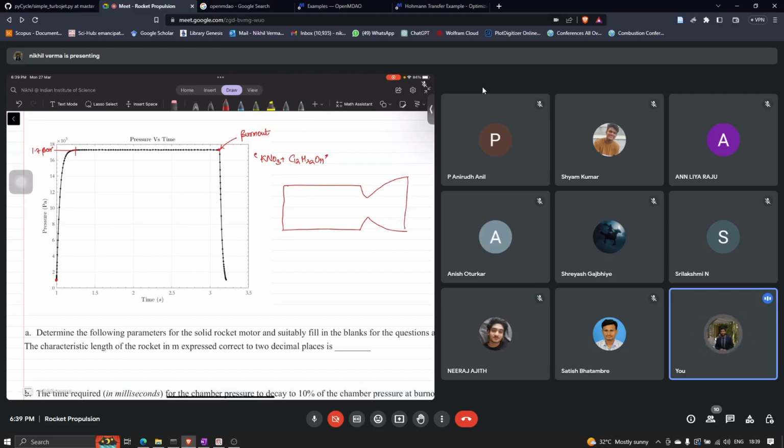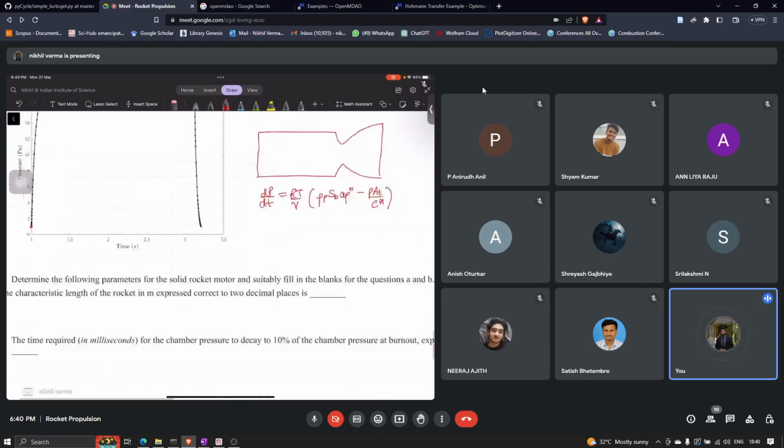The equation that governs the pressurization process is given as dP/dt equals RT by V times rho propellant, burn area, P to the power n, minus P A throat divided by C star.